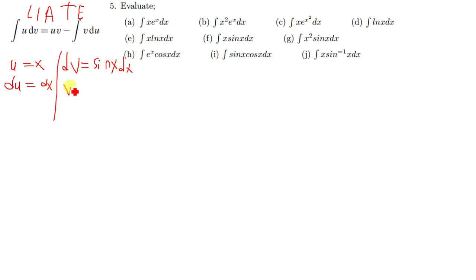So v is now going to be equal to, when you integrate dv you get v. When you integrate sine x with respect to x, you get negative cos x.